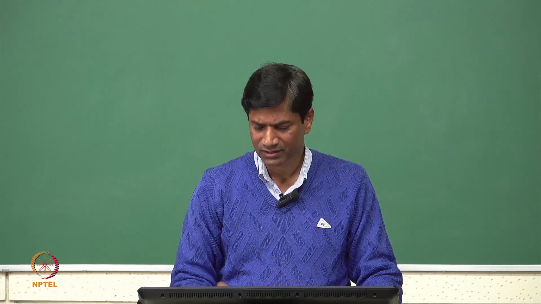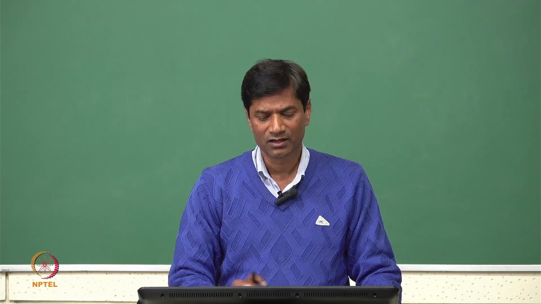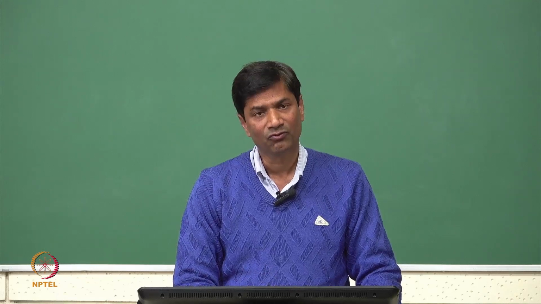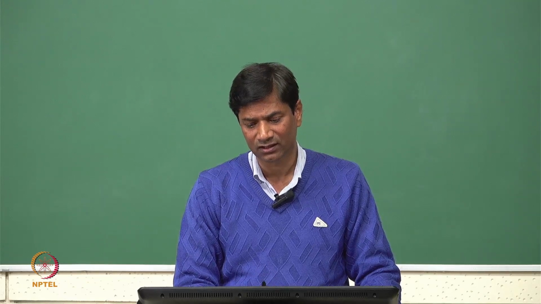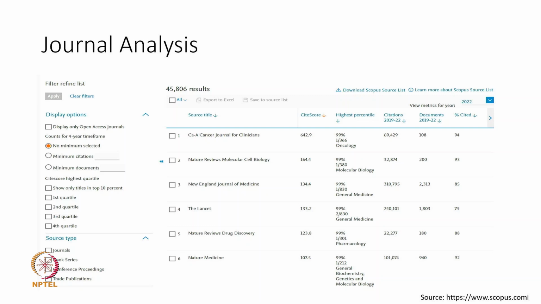For example, using the Scopus database, if you want to find out which journal has the highest percentile, then we come to know there is a particular journal called CA: A Cancer Journal for Clinicians, having the highest percentile of 99%, with a citation count of approximately 70,000 and percentage cited of 94.